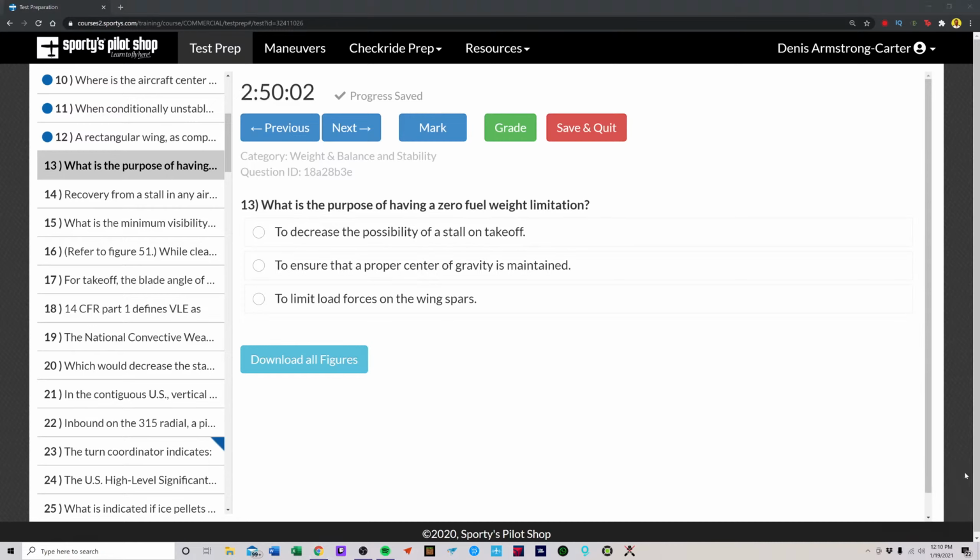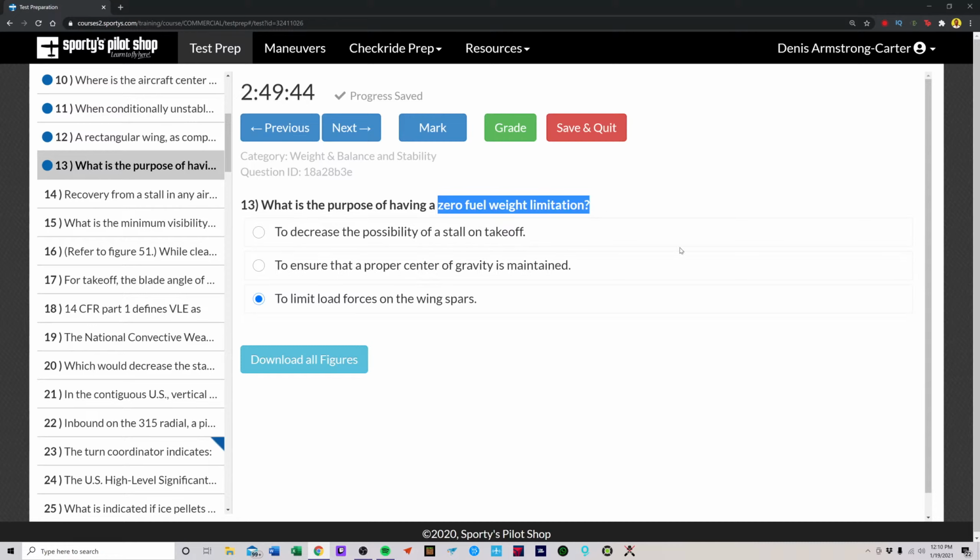To ensure proper center of gravity. There we go. It's the load forces because zero fuel weight deals with your load.